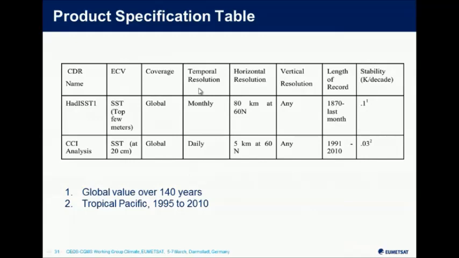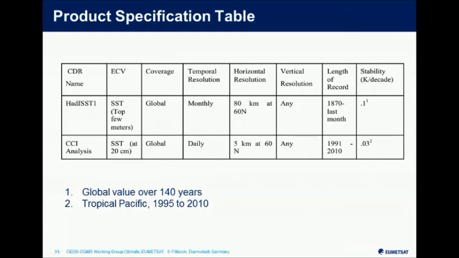The ECV, the physical quantity, is sea surface temperature, the top few meters, and for the CCI data set it is at the 20 centimeter level because it's only satellite based.